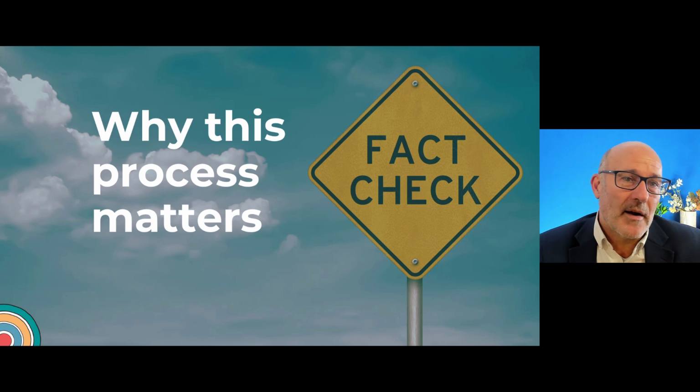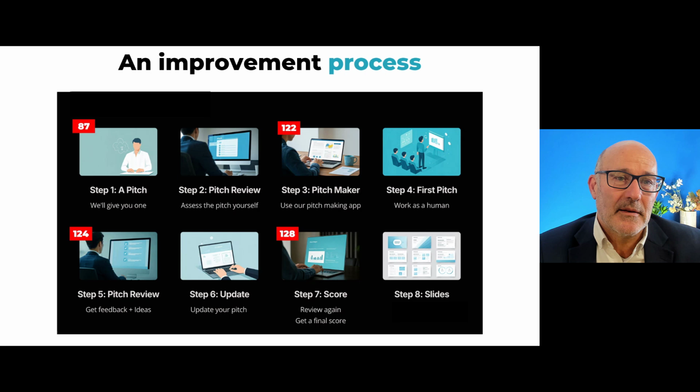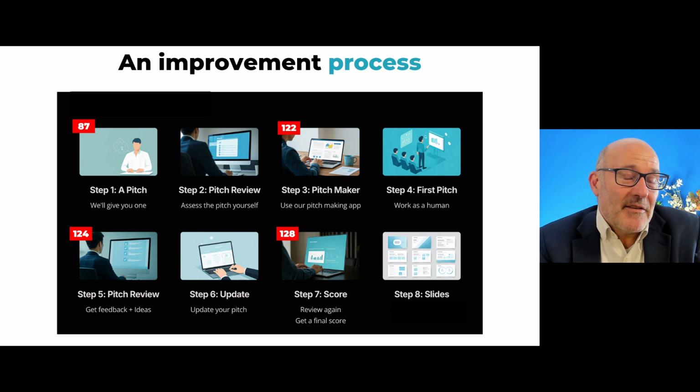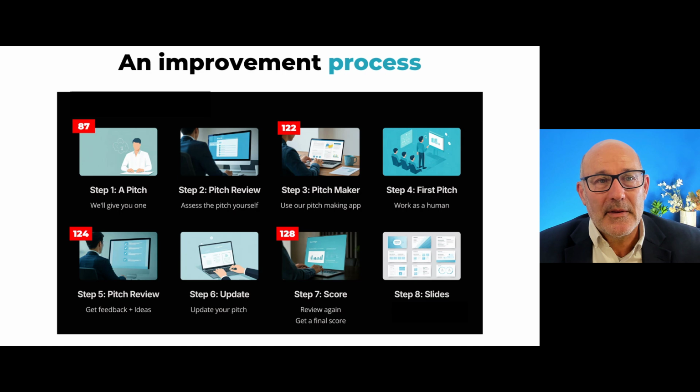So you might be asking, why does this process matter? Well, the most important thing is it's an improvement process. What you'll see is that ideas, pitches, everything you write get better over time. This is an improvement process where you get things better step by step.